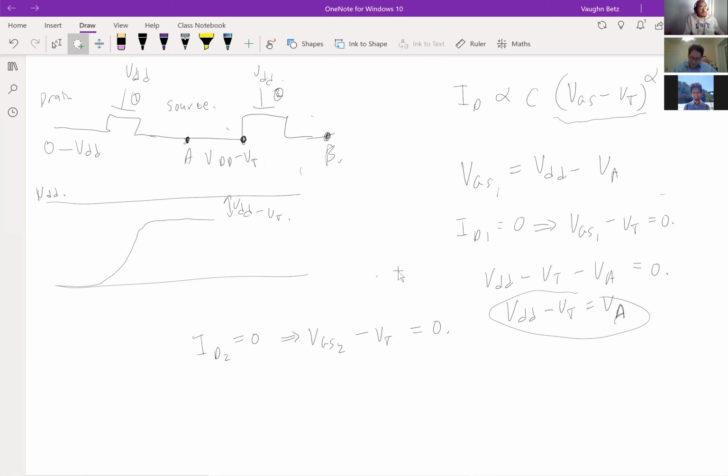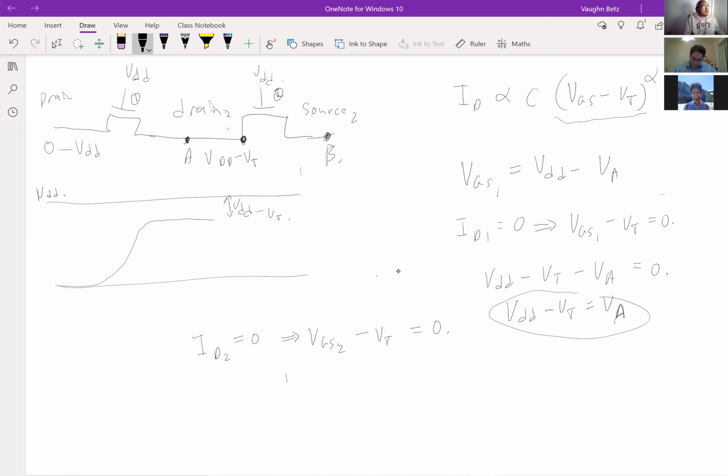For VGS minus VT to be equal to 0, I should relabel these, for simplicity. From the point of view of transistor 2, we normally consider the source in an NMOS to be whatever has the lower voltage. So this is the drain for transistor 2, and this is the source for transistor 2. What is VGS for transistor 2?